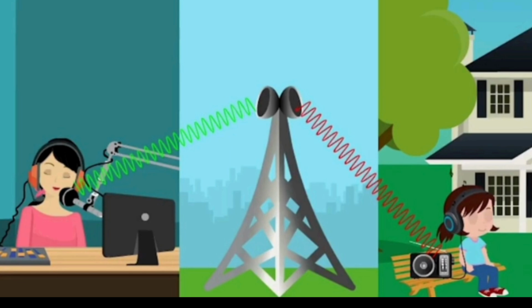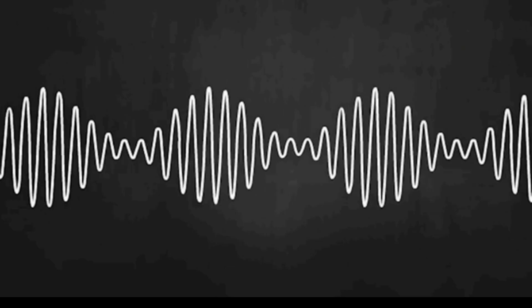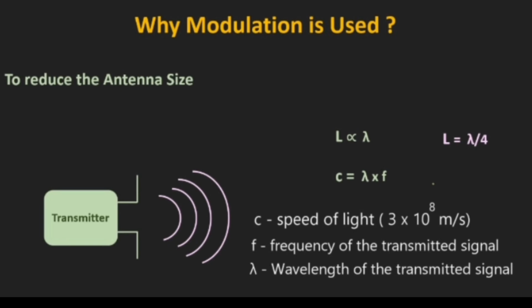These signals are transmitted because of the carrier signal, as the message signal and the carrier signal are combined, and this signal can go to a faraway distance. We can see that this is the message signal, this is the high frequency carrier signal. Now it is combined, and it has the amplitude of the message signal. We can see that, right?